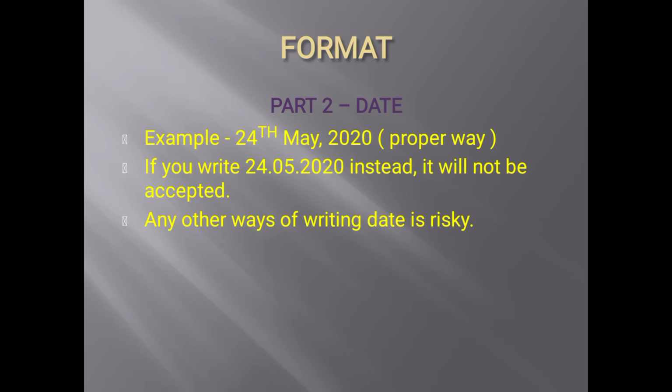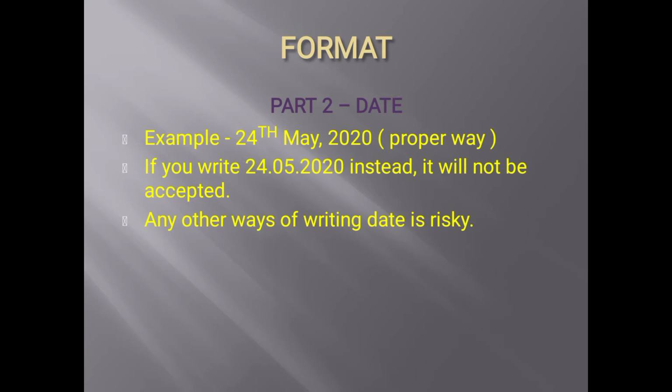This particular way is also accepted, but I will also let you know the better way. 24th, that TH, rather than writing it on top of the digit 4, you can write on the same line as well. So this is also accepted, and the other way is also accepted. Do not forget to put a comma after the name of the month and 2020.